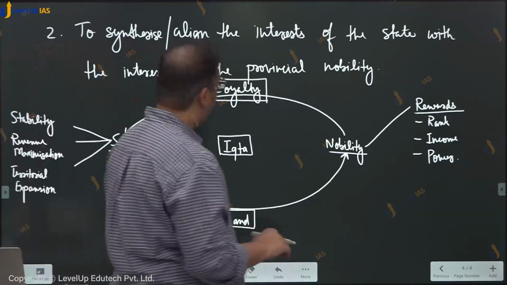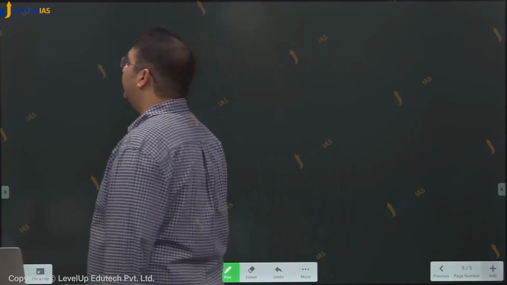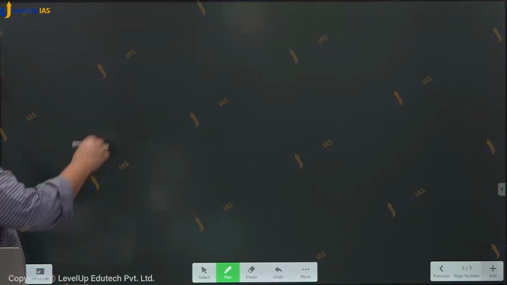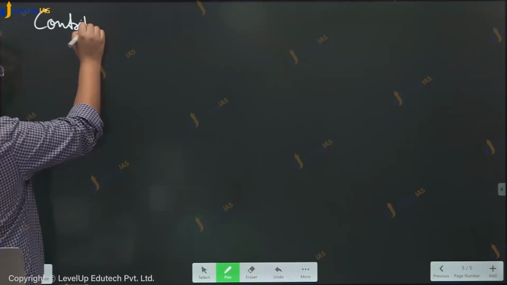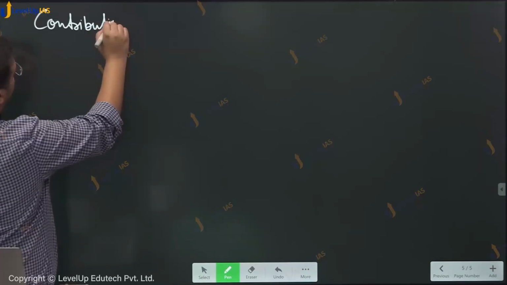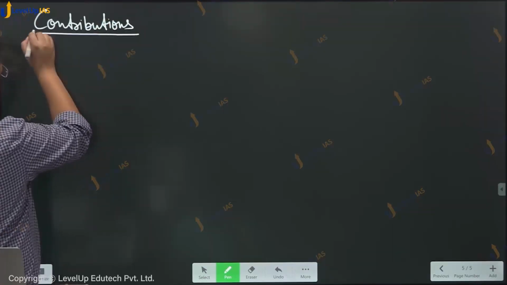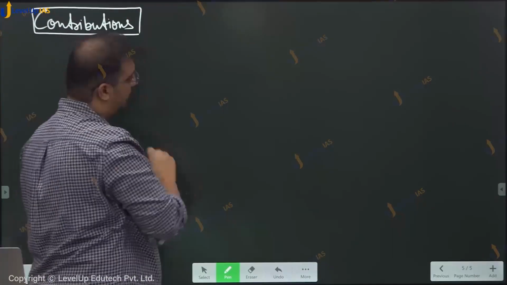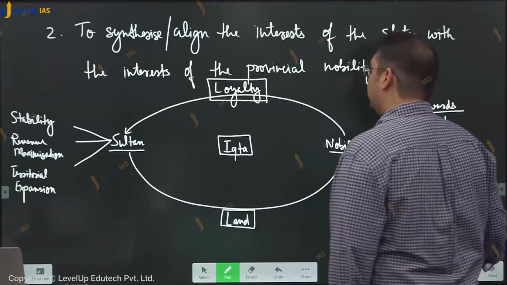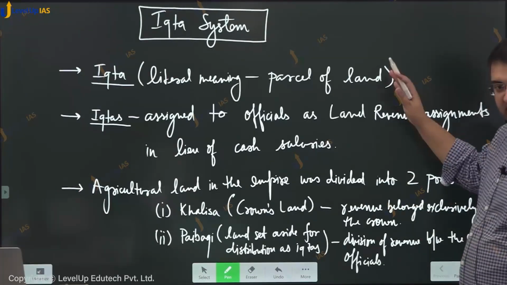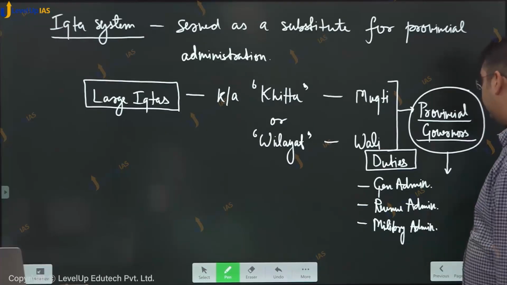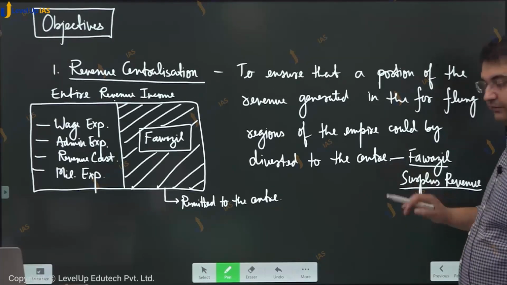Now let us look at the contributions of the Iqta system. First we saw what the Iqta system basics were, then we looked at the objectives of the Iqta system.